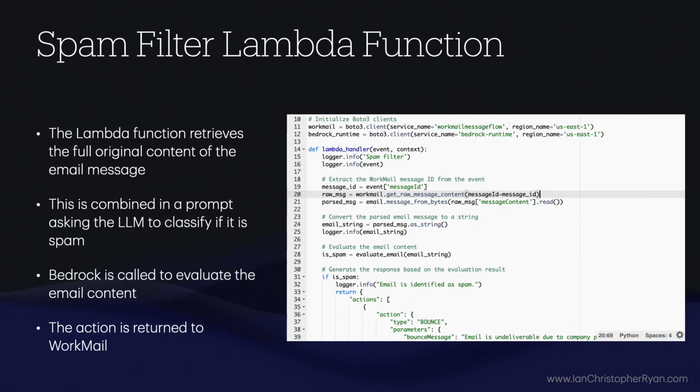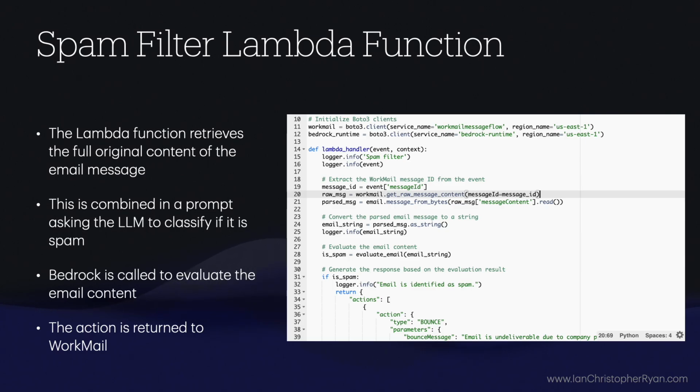The Lambda function we've defined, our spam filter Lambda function, reads the full content of the email message. So it connects to Workmail message flow, extracts the message ID, reads the full original content, and then passes this through to Bedrock. It combines this with a prompt, so the prompt will say, is this spam, essentially?